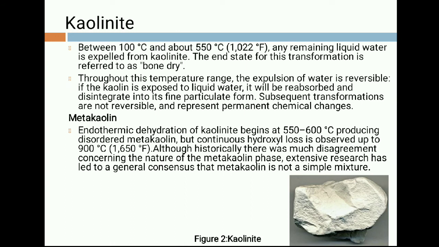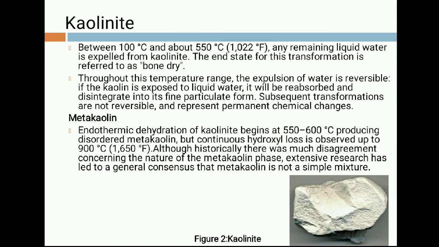If the temperature of the kaolinite is between 100 degrees Celsius and about 550 degrees Celsius, any remaining liquid water is expelled from kaolinite. The end state for this transformation is referred to as bone dry. Throughout this temperature range, the expulsion of water is reversible. Means if we add water to kaolinite, it can again accept that water.